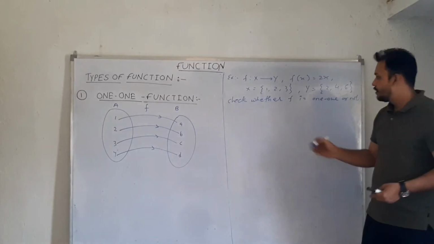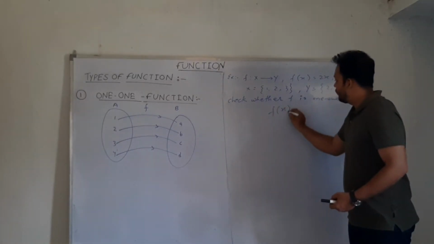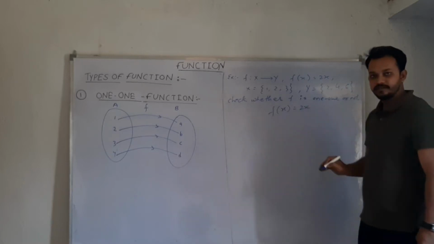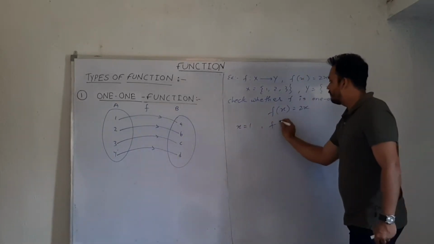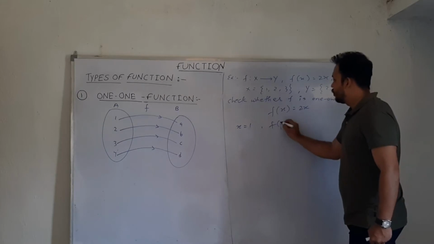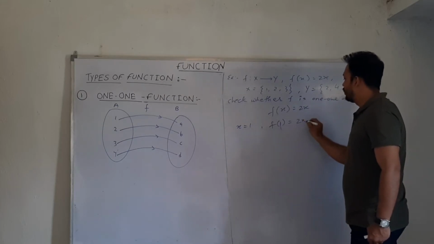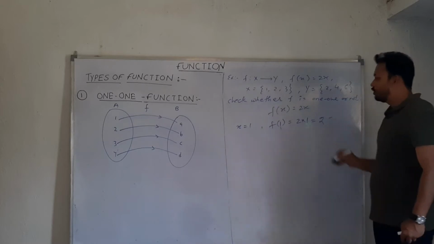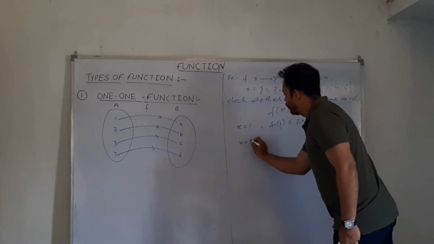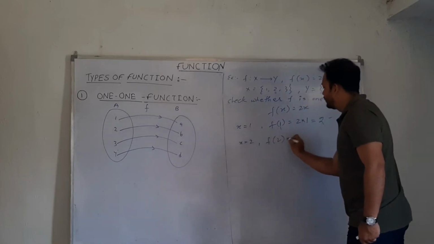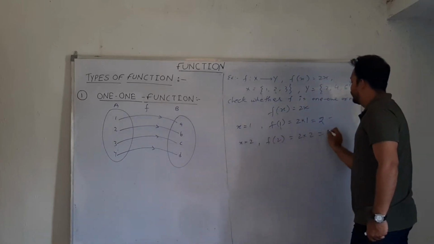How to check? We have the function f(x) = 2x. When x is equal to 1, f(1) = 2 into 1 = 2. For the second element, x = 2, f(2) = 2 into 2 = 4.